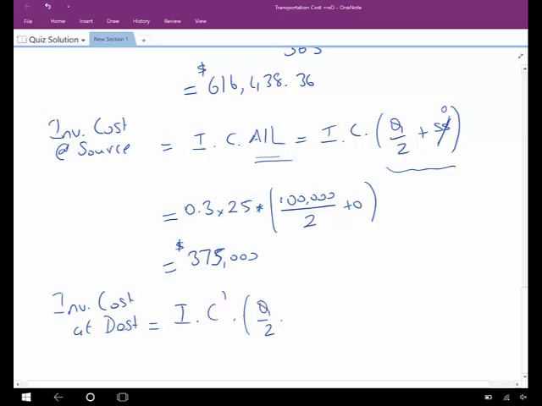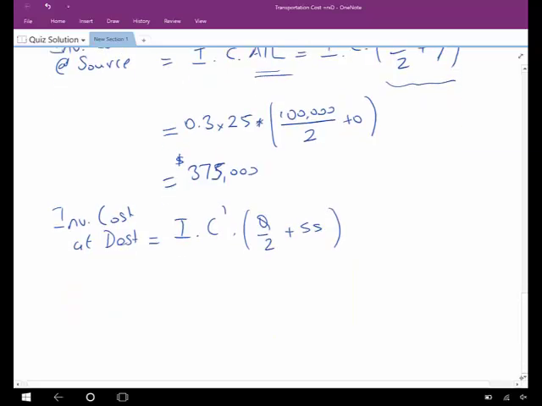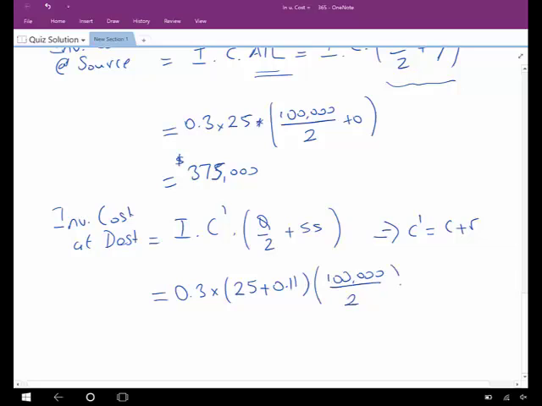And finally, inventory cost at destination. For that it is I times C prime times AIL, and I'm going to write this second formula, where C prime is C plus R. So 0.3 times 25 plus 11 cents of shipping rate with the train, and then 100,000 divided by 2.